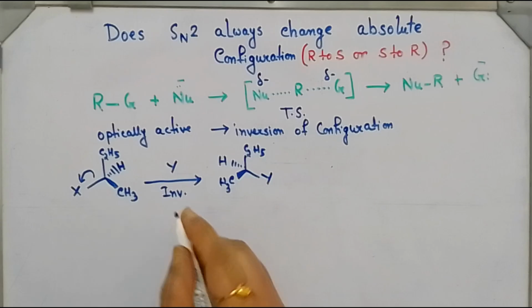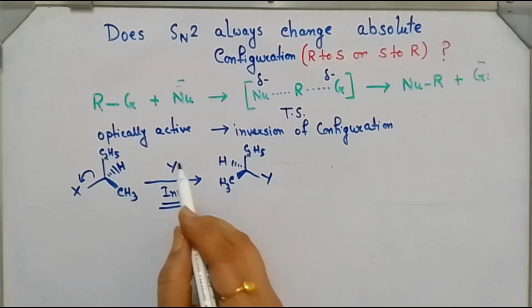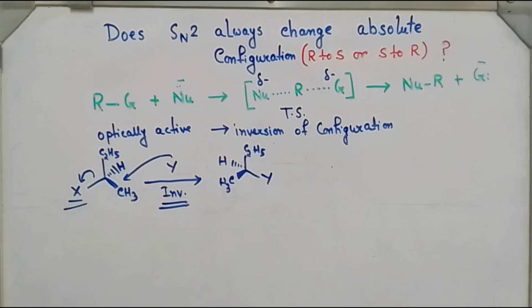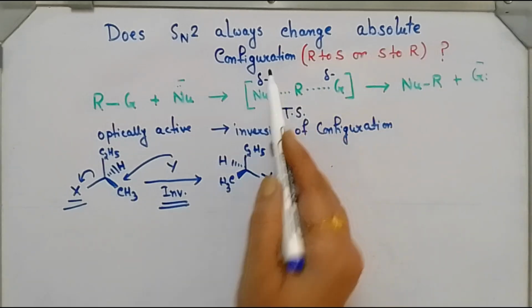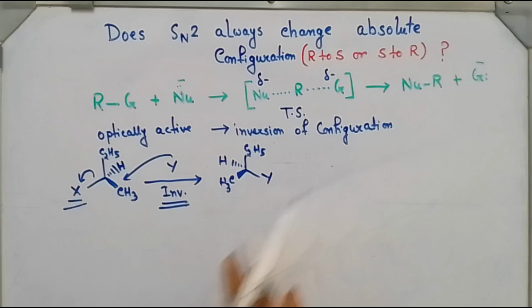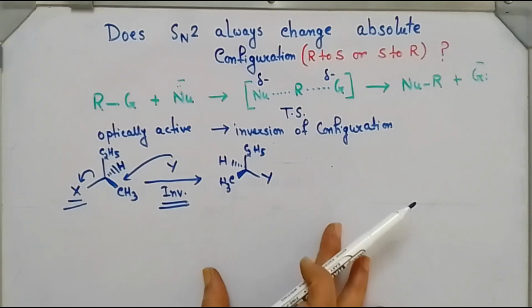So inversion of configuration is taking place. This is attacking from the opposite side with respect to X. Now what is absolute configuration? Absolute configurations are the RS configurations. They are independent of any reference compound.